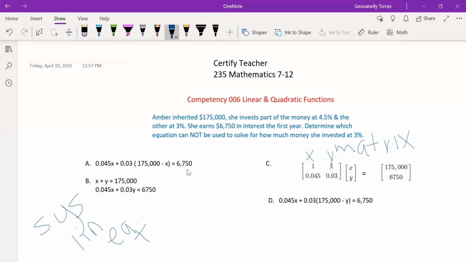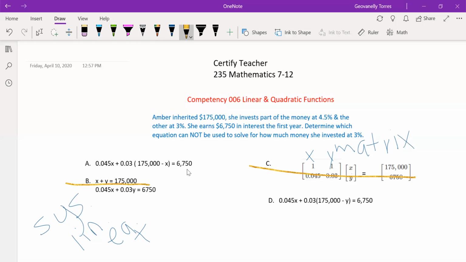And if we were to substitute the x and the y, it will look very similar to B. Both answer choice B and C are very similar, but in different formats. They will help us find out how much money she invested at 3%. Therefore, answer choice B and C cannot be right.